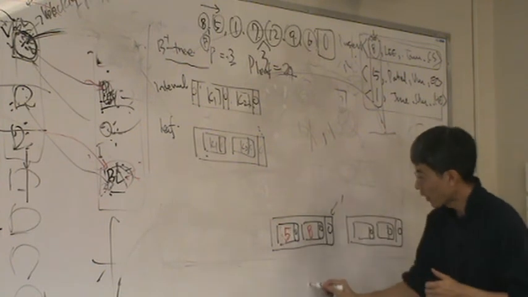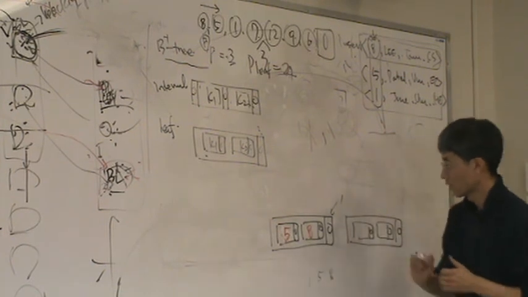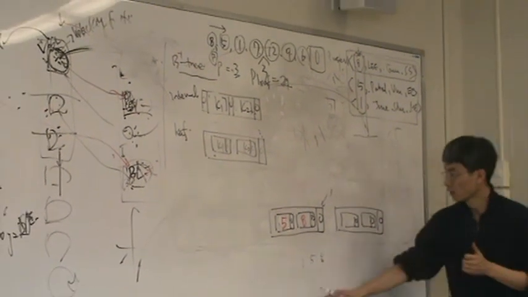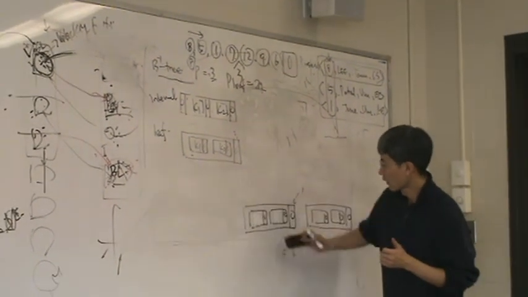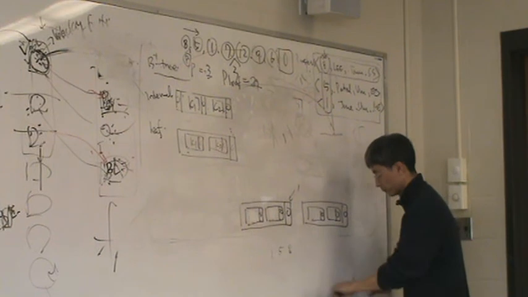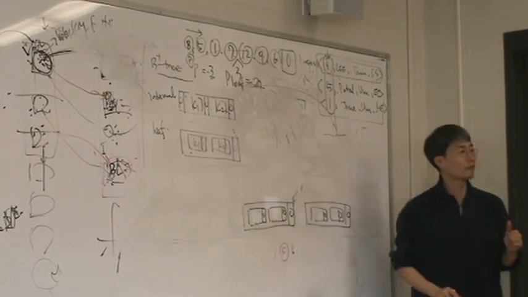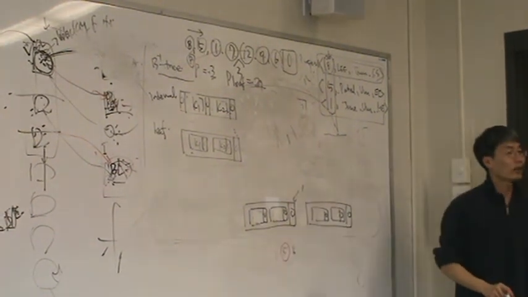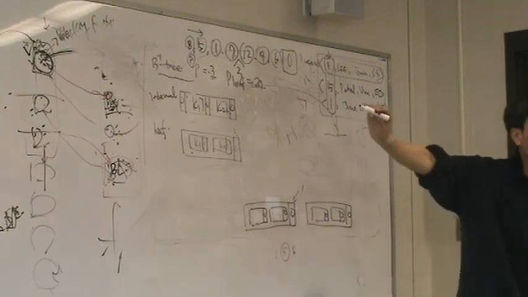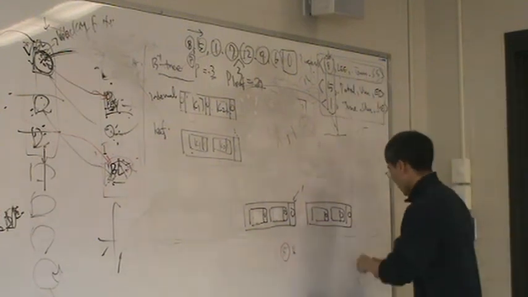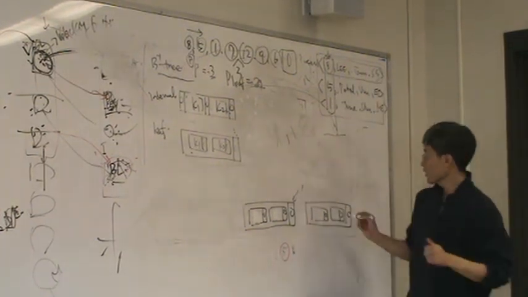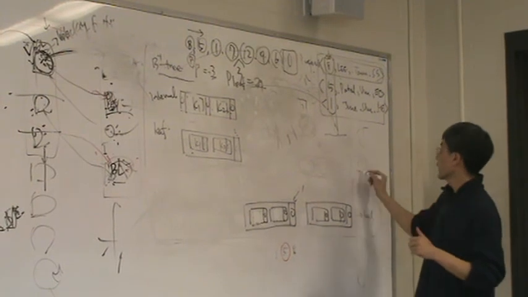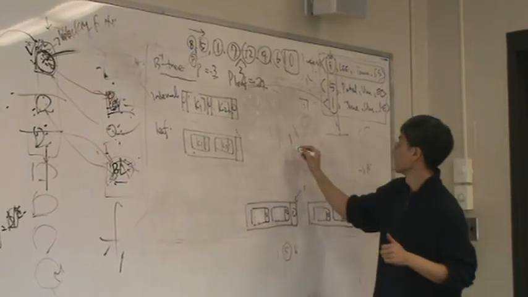So we have 1, 5, 8. Okay? Find middle value. Which one is the middle value? 5. Okay? 5 will be raised. So at this time, this is called the leaf node. We need internal node, this.